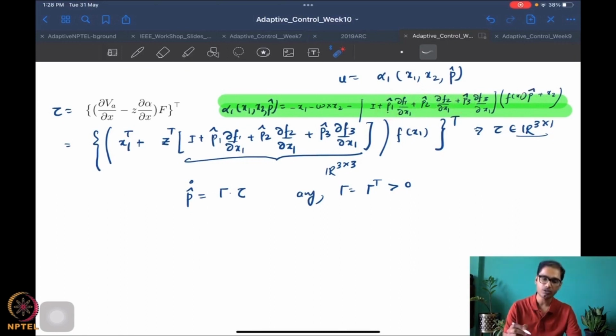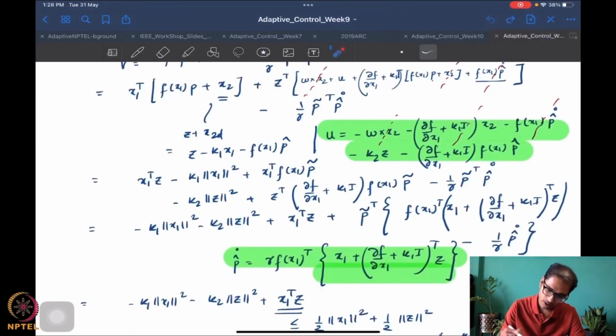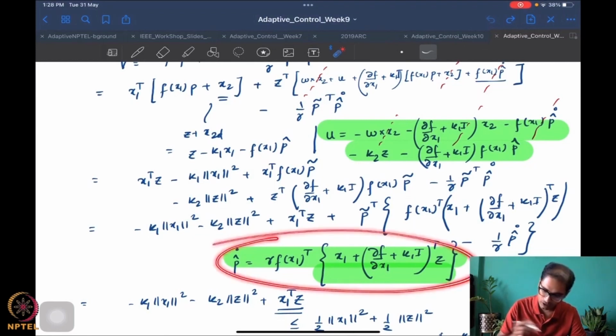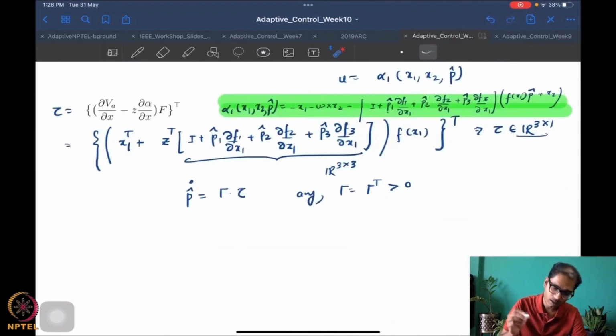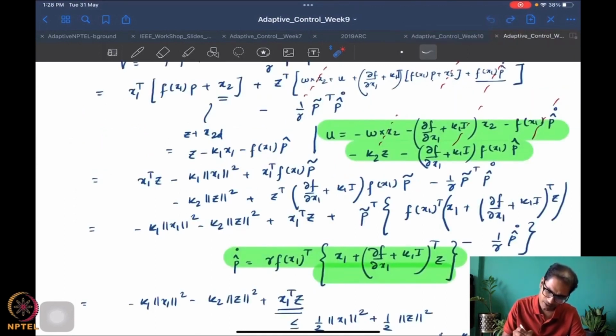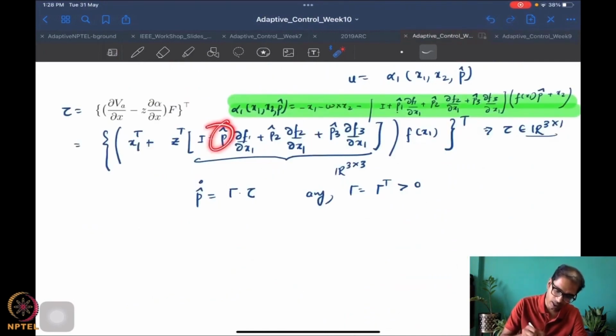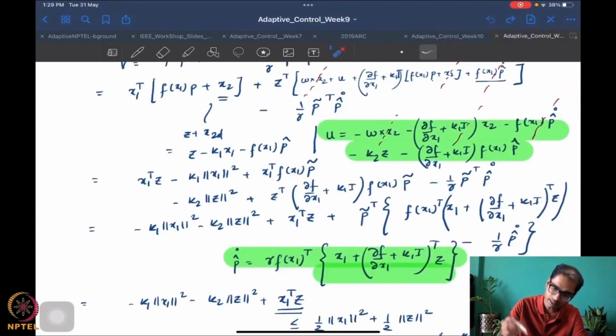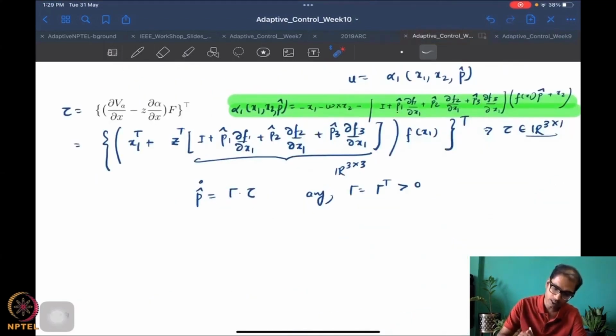You also see the adaptation law, which also looks relatively simpler, and our adaptation law looks like this with some gamma tau, where tau is this guy with the hat terms. Again it looks slightly more complicated, of course. In this case the adaptation law did not contain the p hats on the right. Here we do have the p hats on the right also, but the cool thing is the control law does not contain any p hat dots, whereas the other control law does contain p hat dots, and there is only one update law, one parameter estimate per parameter.